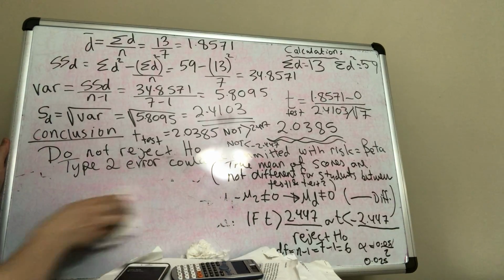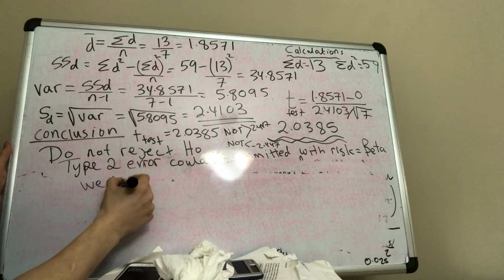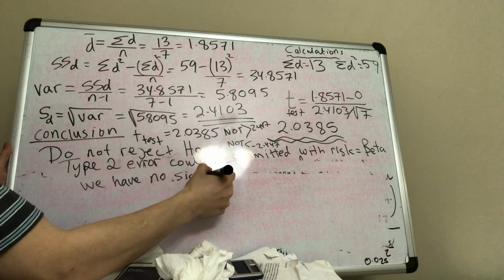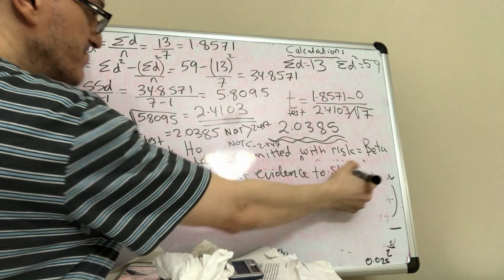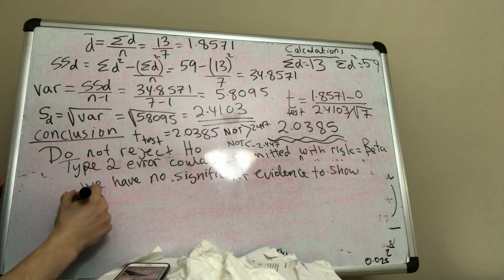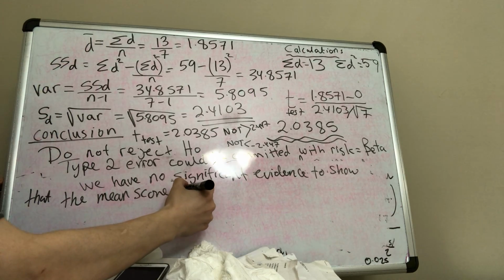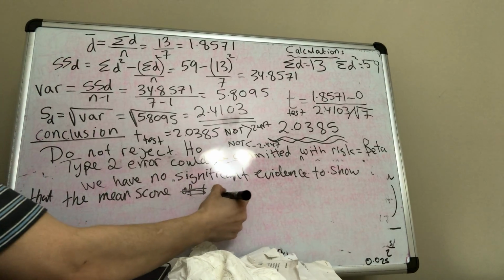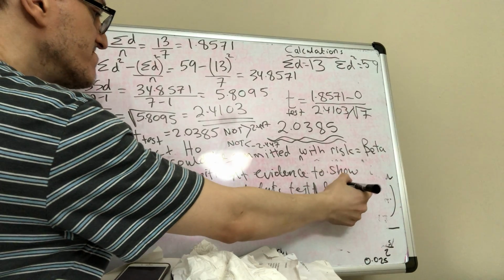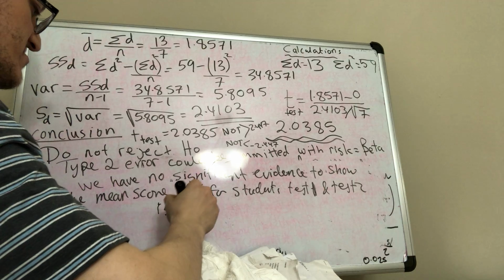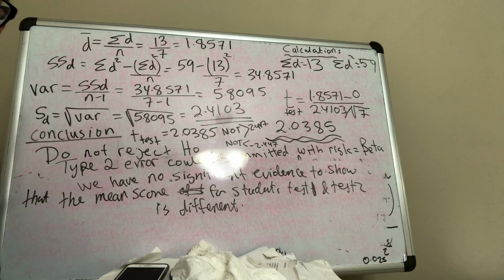So we say we have no significant evidence to show that the mean score for students on test 1 and test 2 are different. We cannot prove that they're different.